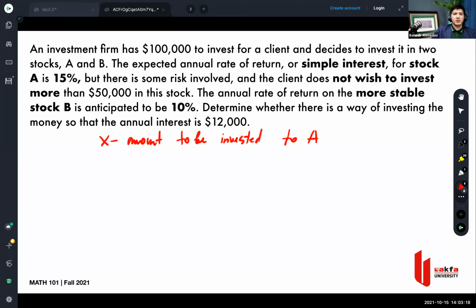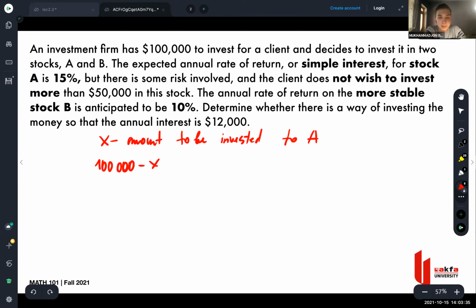If, for example, 10,000 is invested in A, what is going to be invested in B? 90,000, right? It is going to be 100,000 minus X, the amount to be invested in B.